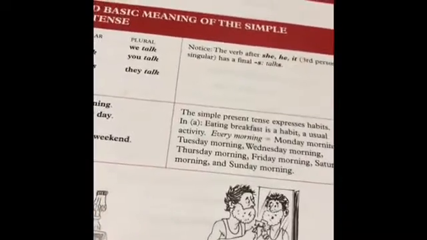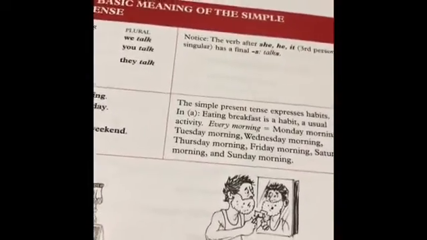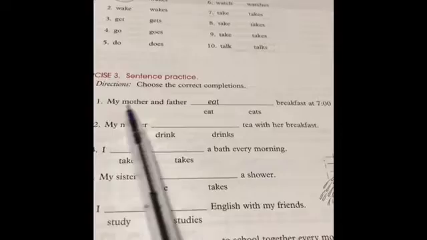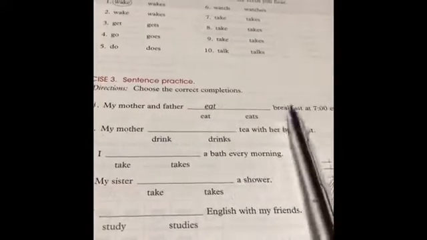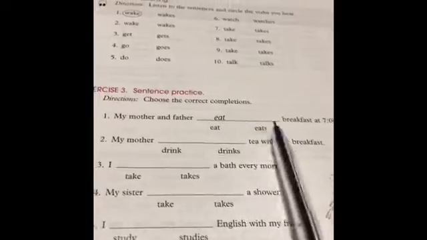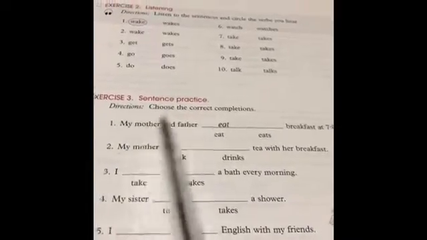يعني كل يوم يحلق أو كل يوم الصباح. So shaves, S; wakes, S. So it's simple practices. Choose the correct completion. My mother and father eat breakfast at 7 every day. قلنا eat because we have two, my mother and father.